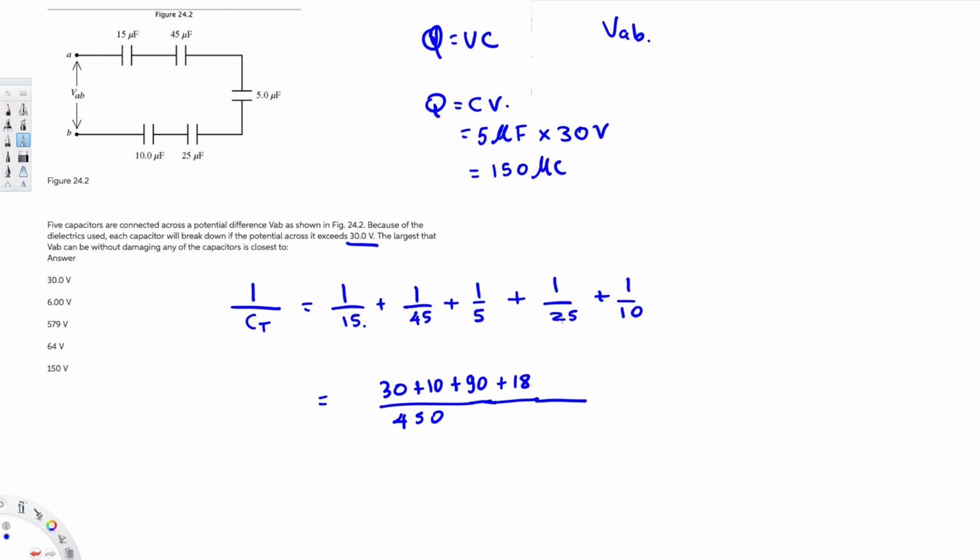Let's make sure: 25 times 18 is 450, and 10 is just 45.